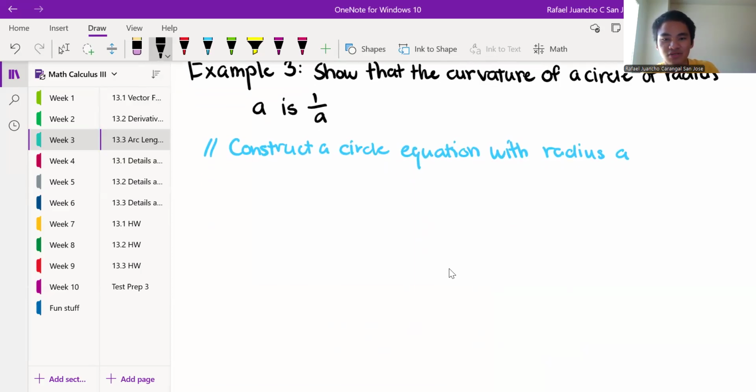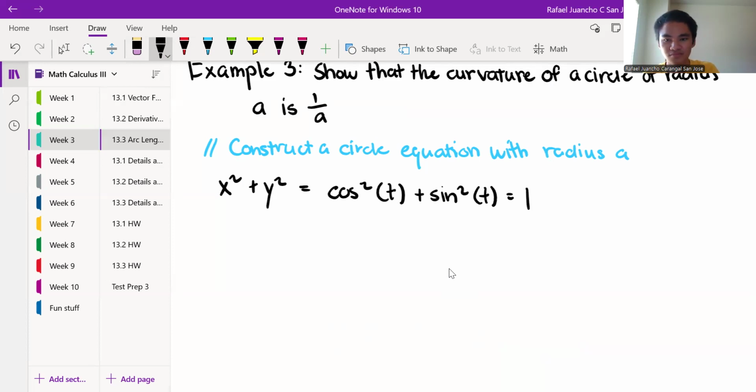We know that a unit circle has radius 1. And because we want to parameterize this, we can say this is cosine squared t plus sine squared t equals 1.